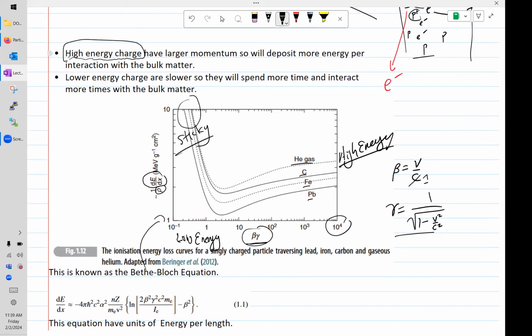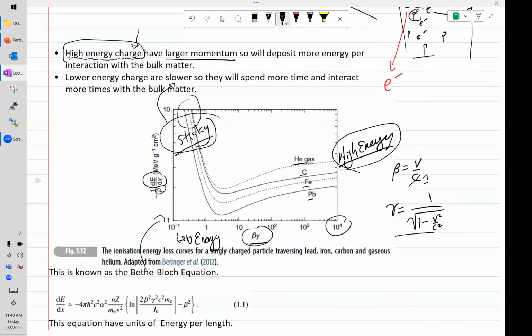Neutral particles don't interact with the electrons, so they just pass straight through. High energy charged particles have larger momentum. So every time it interacts with an electron in the material, it gives it more energy. It makes sense that low energy particles are sticky because the slower you pass through the material, the more chance you have to interact with the electrons in there.